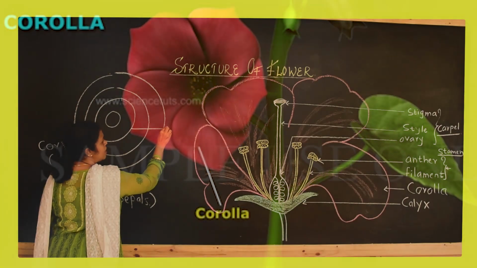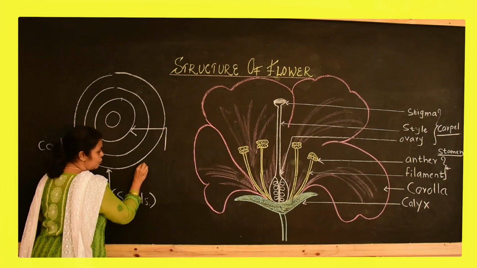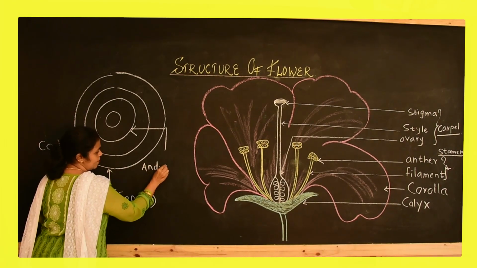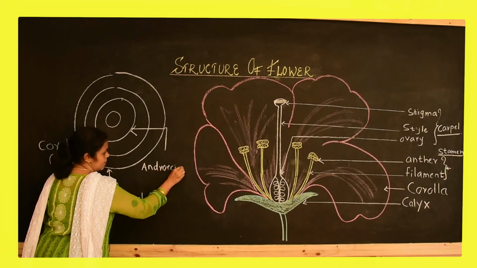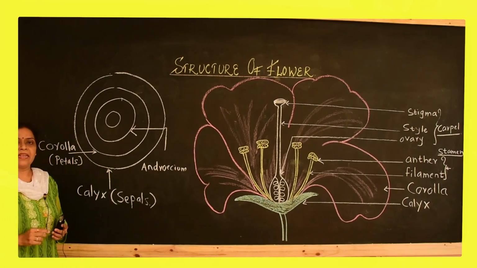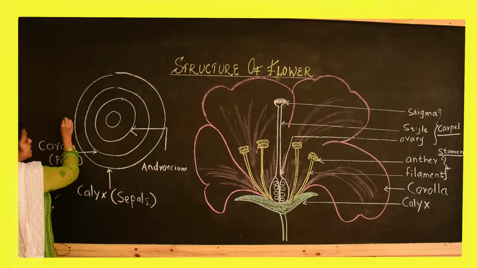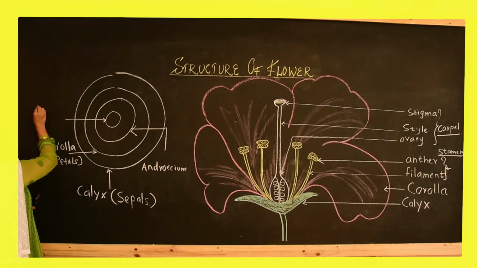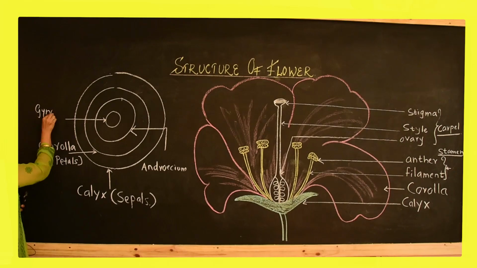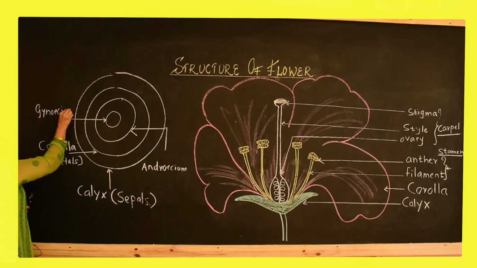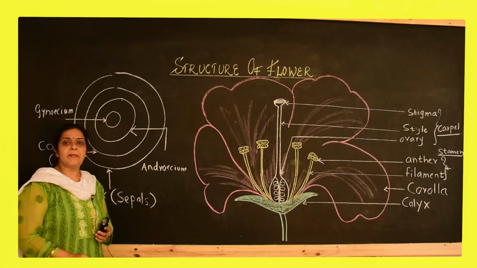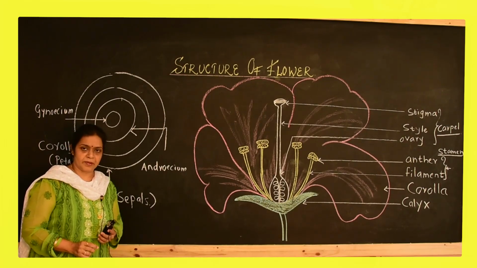Then the next whorl is called as androecium, which is the male reproductive part of flower, and the innermost whorl is called as gynoecium, which is the female reproductive part of the flower.